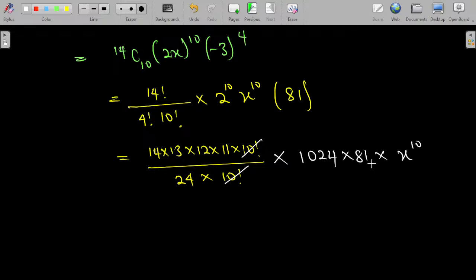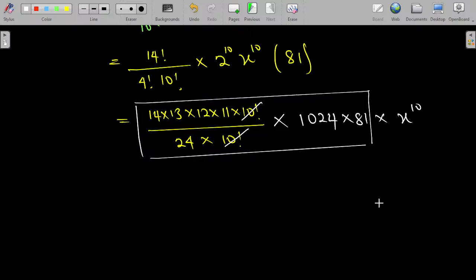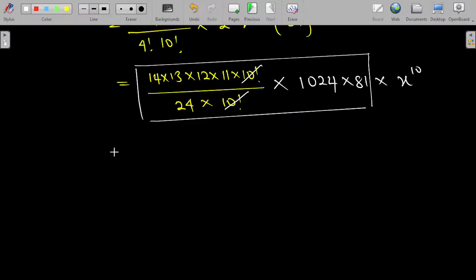So the whole of this is going to form the coefficient of x to the power of 10. Let's quickly simplify that. What is it going to be? Let's see if we can cancel out. 12 can cancel out 24 to give you 2, and 2 here will cancel out 14 to give you 7.